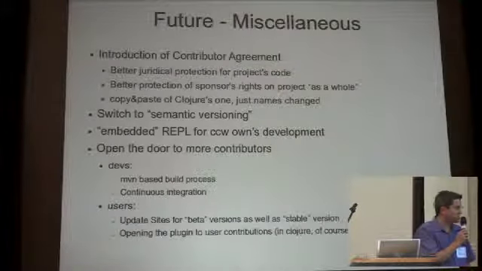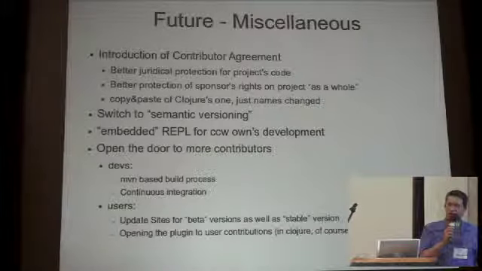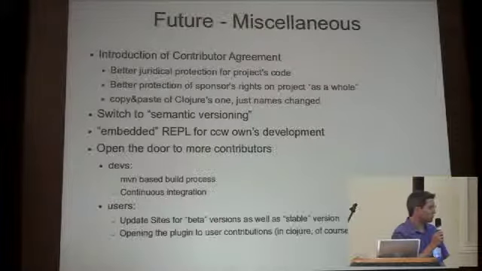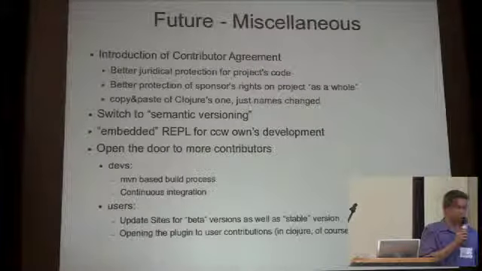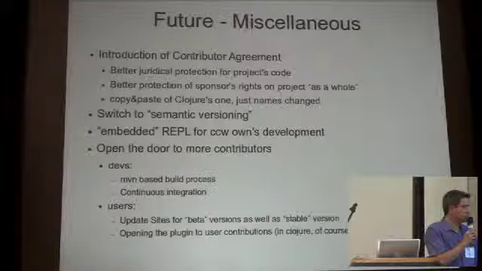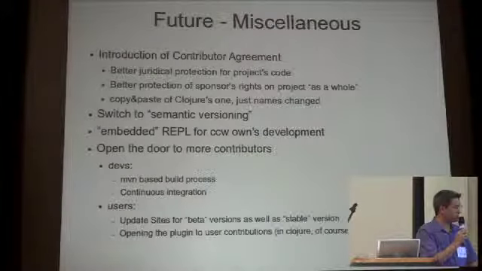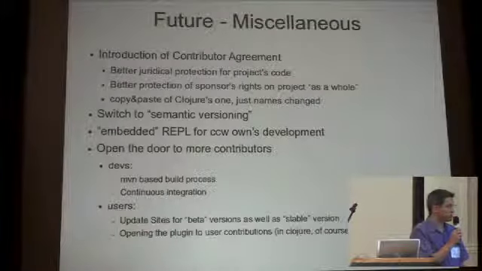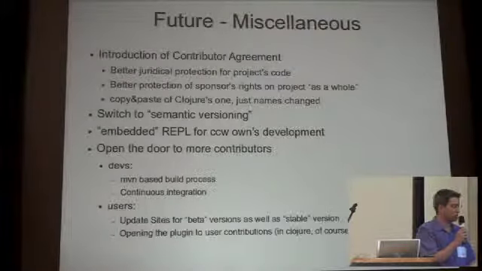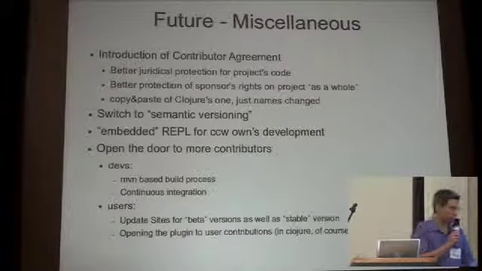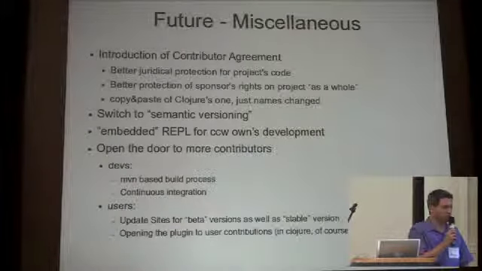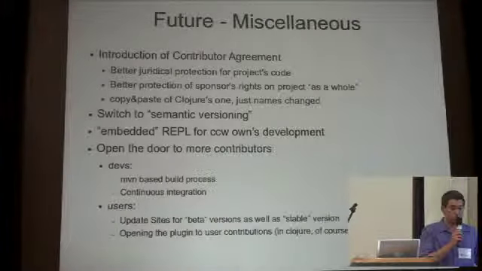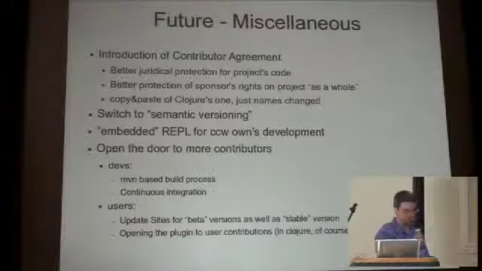There is a lot of stuff that is not written, so I've taken the points of technomancy in this area. And also users. We will open a beta update site, and we of course have in mind how we could open the plugin to users so that they can provide and experiment with contributions for enhancing CCW. For example, we will probably open the Clojure grammar so that they can do some stuff we haven't even thought about yet.